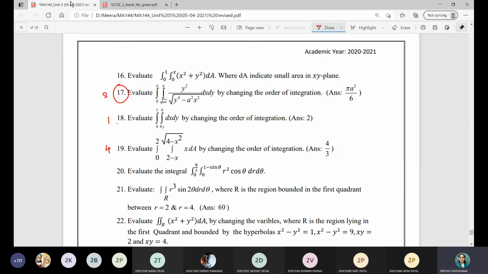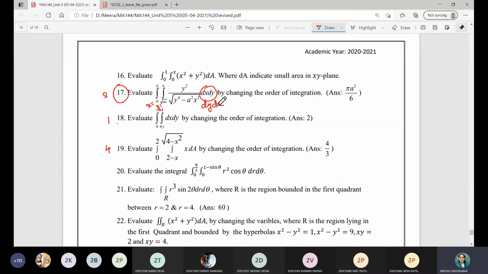Actually, you can see that inner integral is depending on y and outer integral is depending on x. Here the printing mistake is there. Actually, it is dy dx. So make a correction over here if you have taken the printout of this notes.